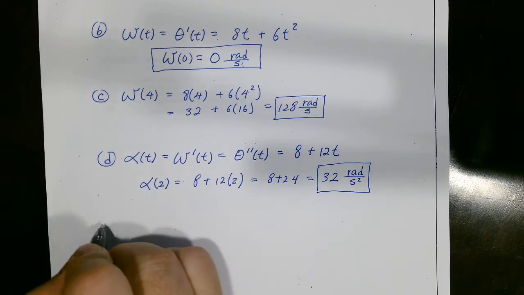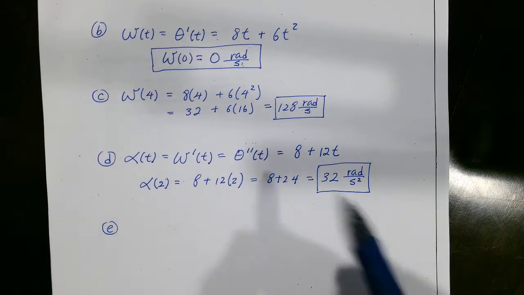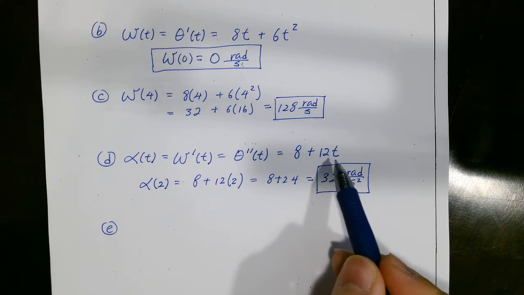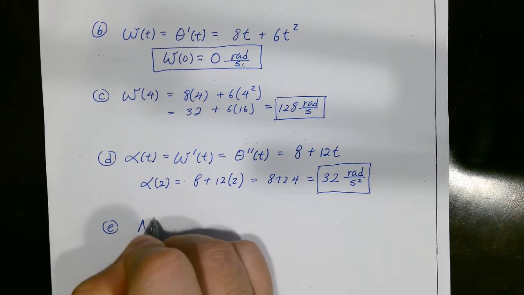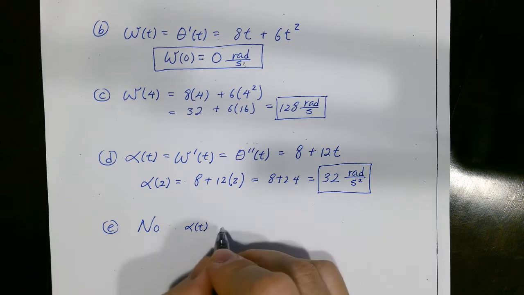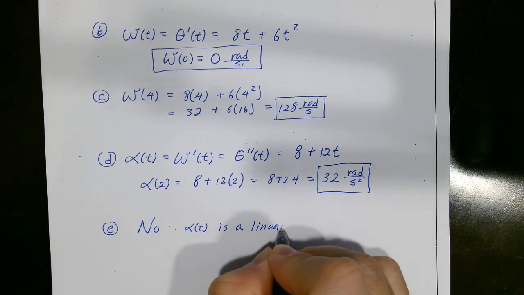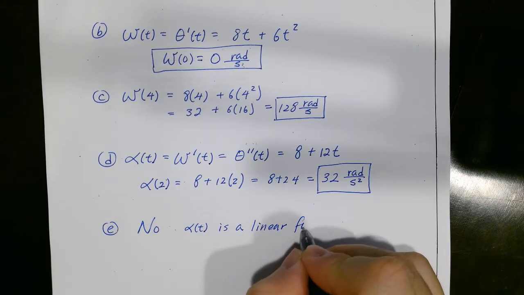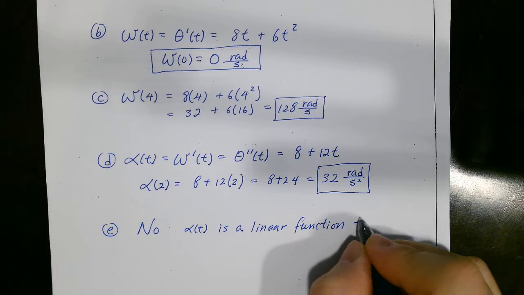And for part E, is the angular acceleration constant? And the answer is no, because it definitely depends on time. It's not constant at all, right? So no. Alpha of t is a linear function that depends on time.